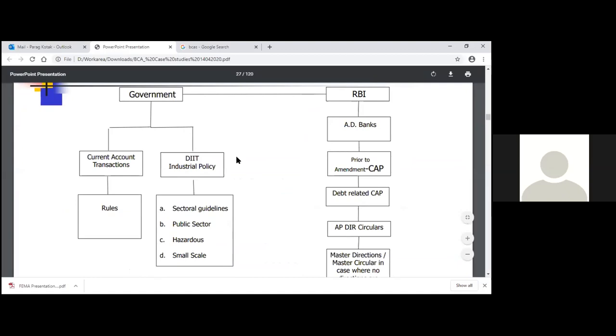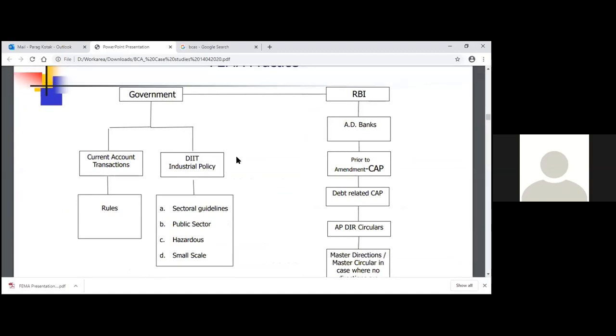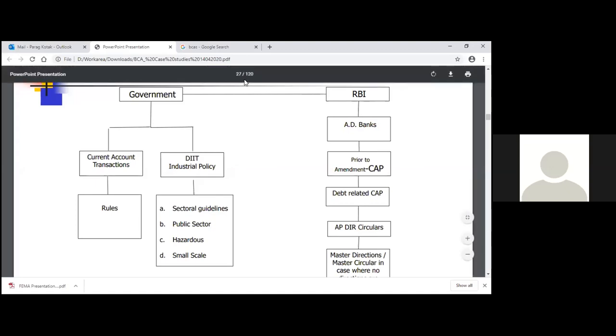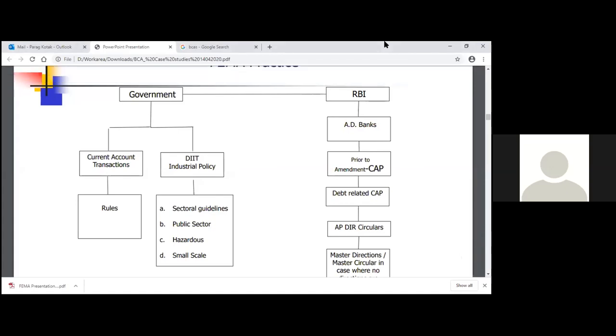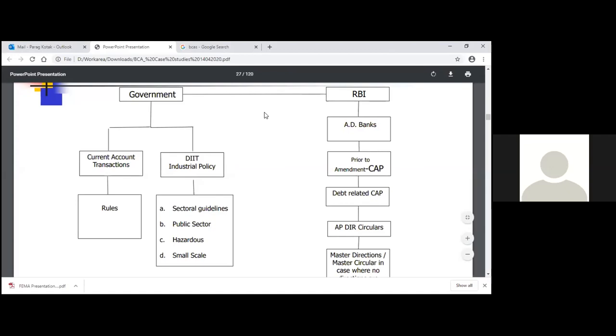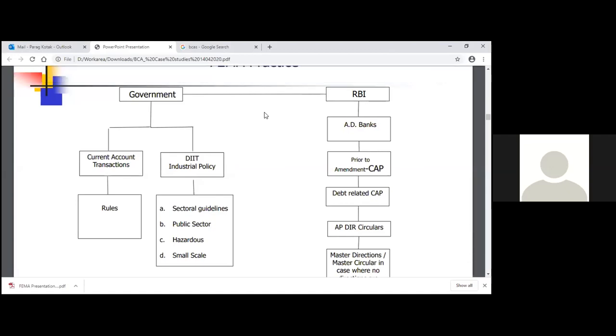When we want to respond to the questions of resident and non-resident, we will understand the transaction. If the transaction is a current account transaction, then we will resolve it through a regulation relating to current account transactions. And if the transactions are capital account transactions, that could be either the government route or the Reserve Bank route. So in those cases, we will have to find the solution from the RBI route or the government route, and that's the conclusion we have to come to.